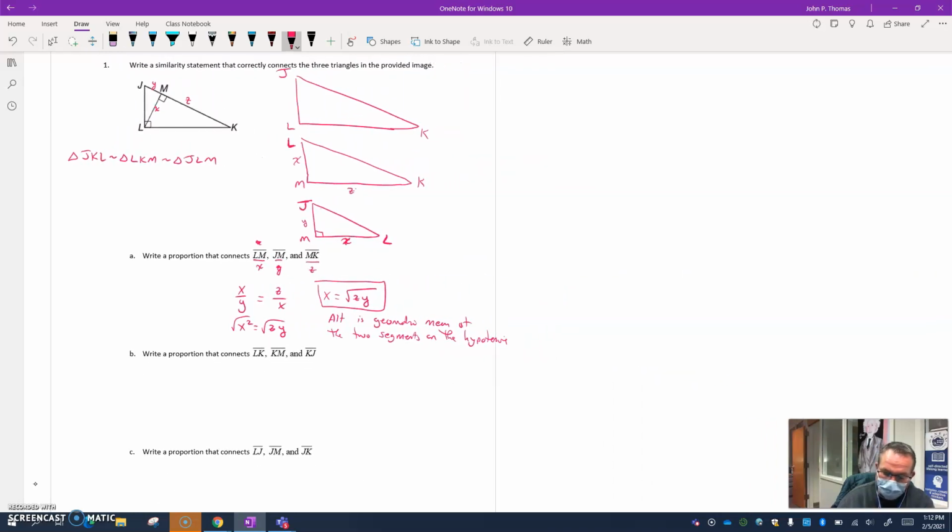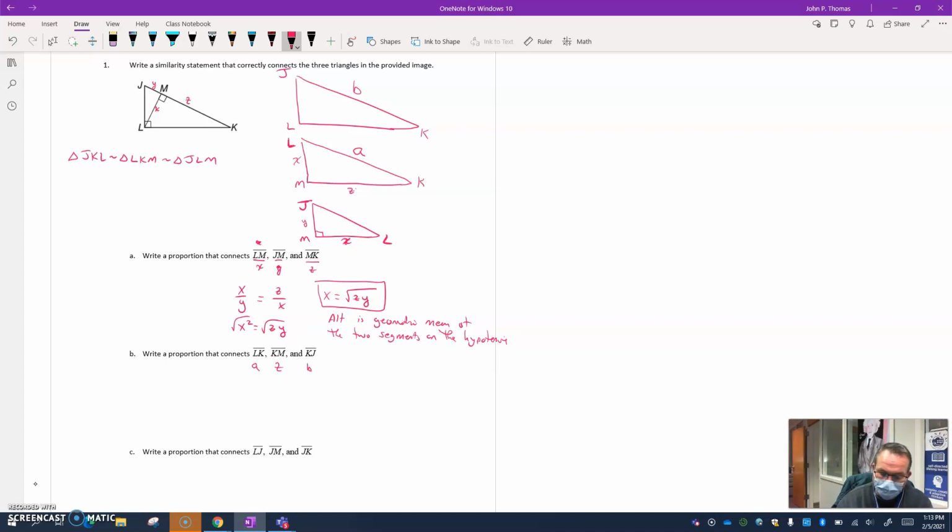This one is LK, and LK I don't have labeled yet, so I'm going to call that A. All right, so LK, KM, and KM we have labeled already Z, and KJ. So I look for KJ there, and I have not labeled KJ yet, so I'm going to call that B. All right, so now we want to take this and set up a proportion for that.